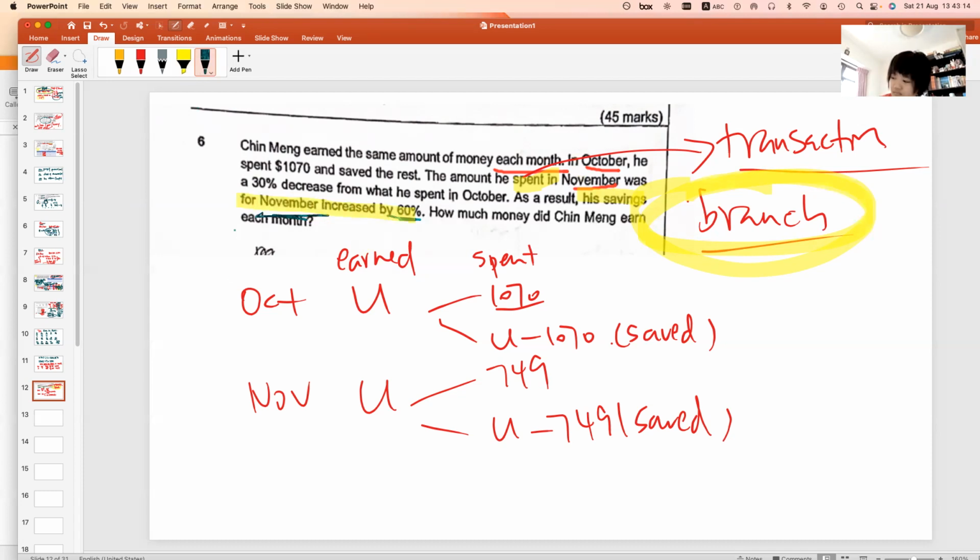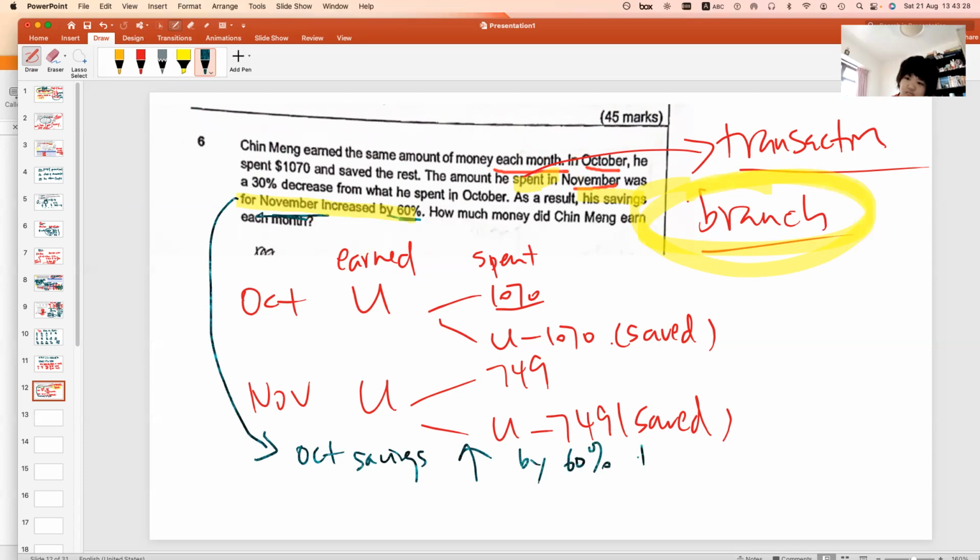So if I try to paraphrase it, rephrase it, what it means is October savings increased by 60% to reach November savings. Okay, so this is the meaning of it.